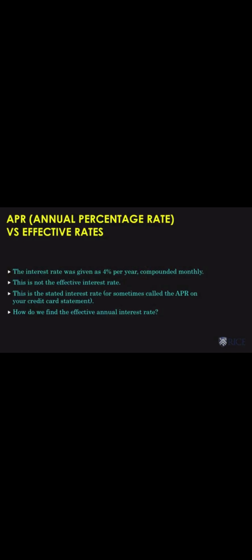Now, APR, or the annual percentage rate, is not the effective interest rate that we pay. This is just the stated annual percentage rate. What we need to do is adjust this to find the effective annual rate. Okay, so let's do an example.